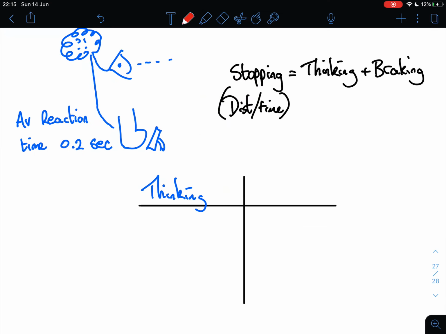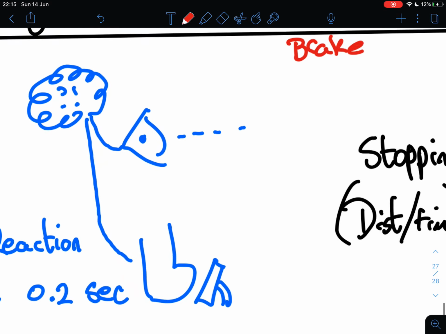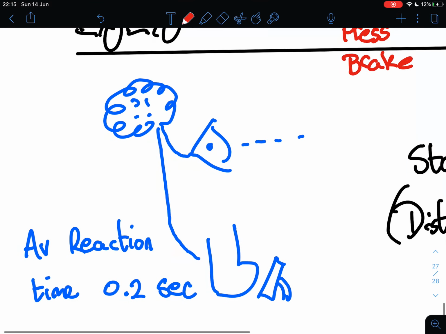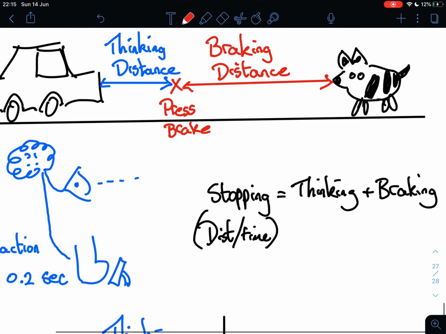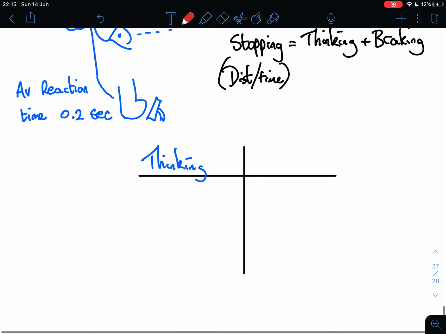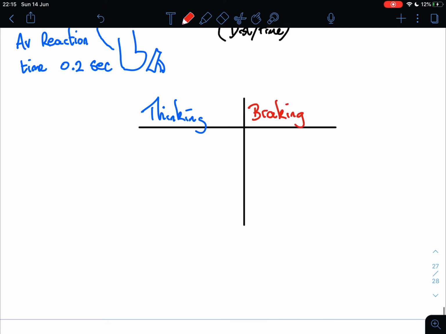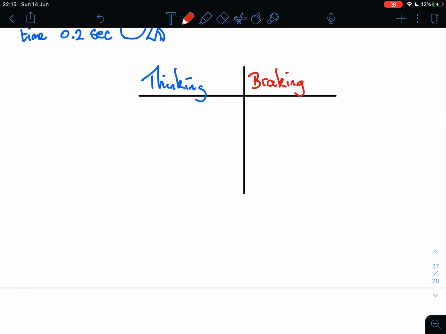I'd like you to write down what things would affect how far you would go in the time it would take to think. So what would make you slower in your brain to react? Also, what things would affect how far your car would skid? So the braking distance. Okay, so pause the video, have a think about it, write them down, and then unpause it and we'll start filling them out.